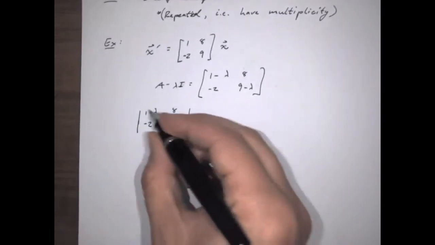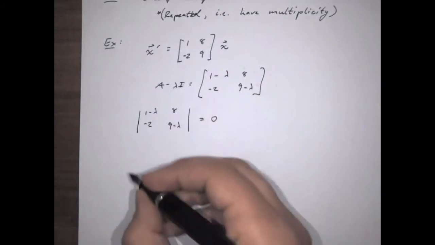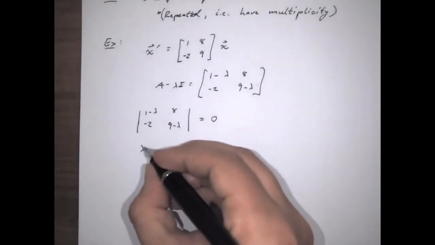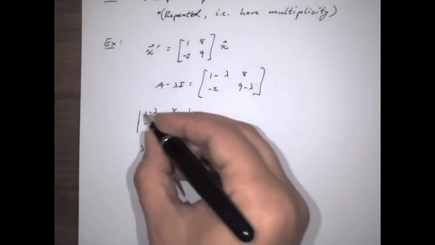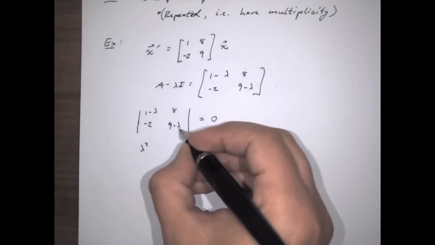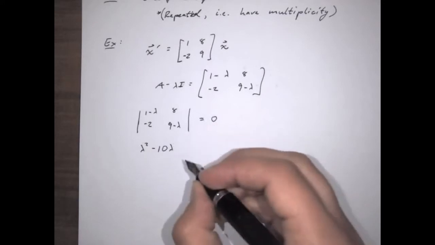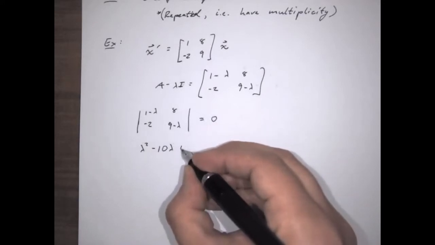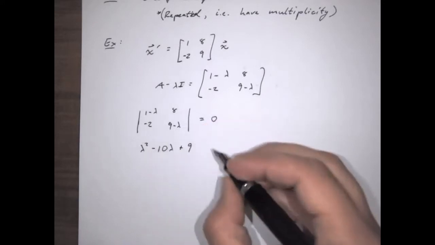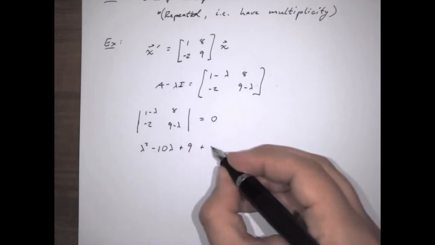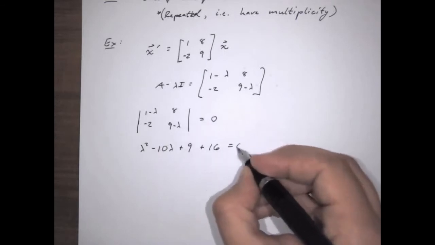We multiply those and subtract the product of the others. So it's going to be lambda squared minus 9 lambda minus 1 more lambda, for minus 10 lambda, plus 9, plus 16 equals 0.